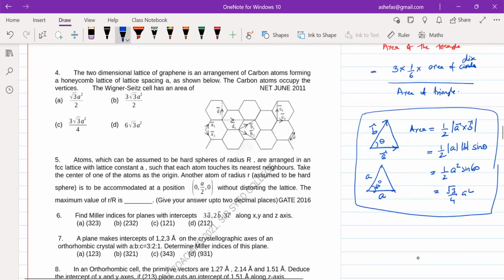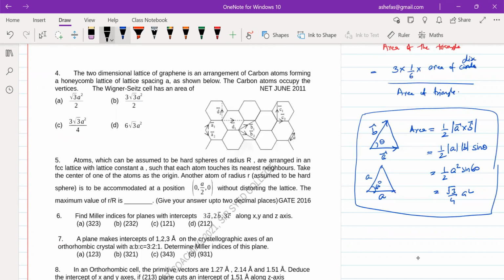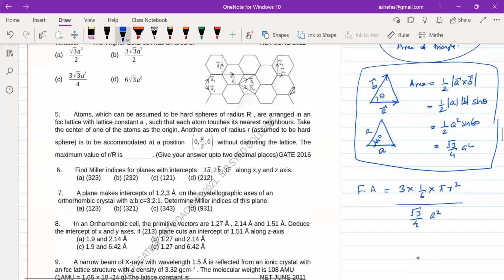Okay, so now finally we will go to the definition of fractional area. The fractional area is equal to 3 times 1 by 6, the area of the disk, pi r square, divided by root 3 by 4 A square. Now what is the relation between R and A?